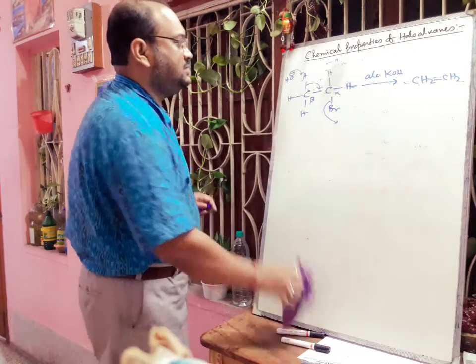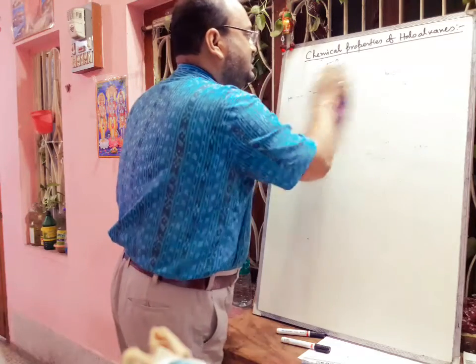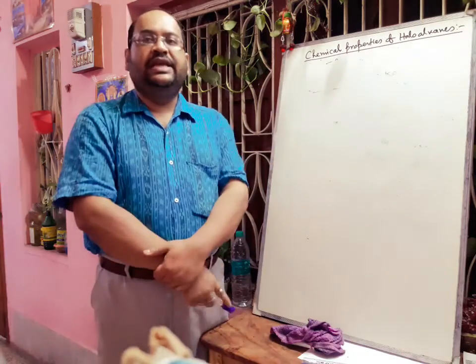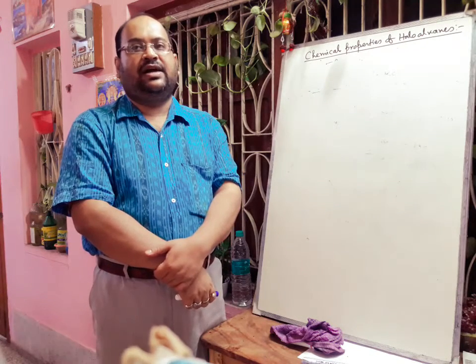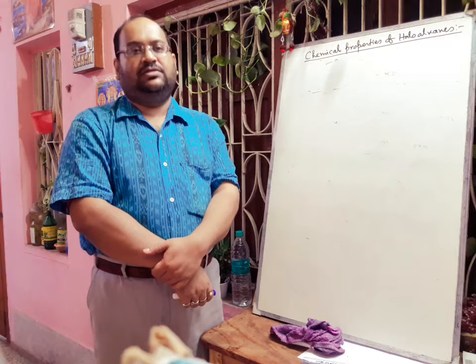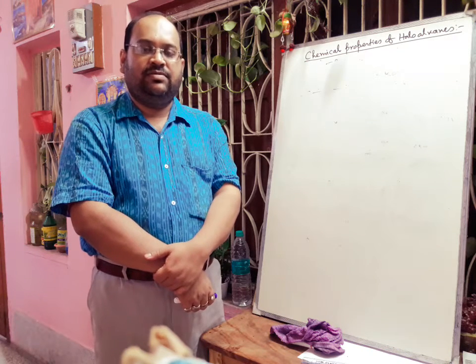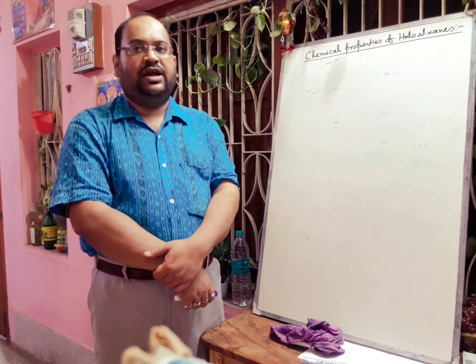Next we will discuss one rule. That rule is called Saytzeff rule. In case of alkyl halides having two different carbons with beta hydrogen, that means there will be two different carbon beta hydrogens, then more than one product is formed.